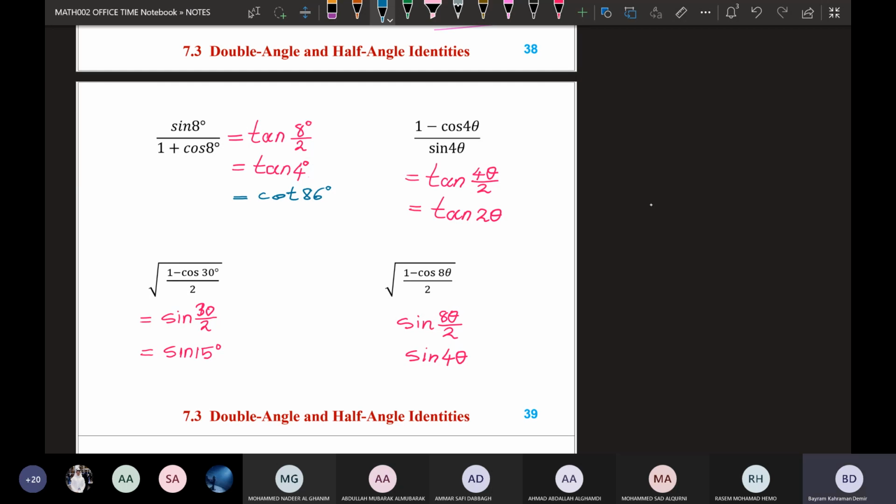And 1 minus cosine divided by sine is another option for tangent, right, Shabab? 1 minus cosine divided by sine. It is also the tangent half angle formula, Shabab. So the angle is 4 theta. The half of 4 theta is 2 theta, of course.